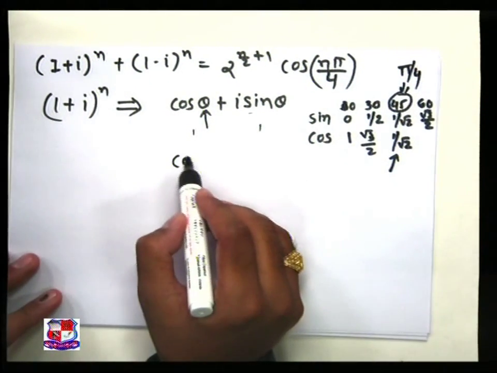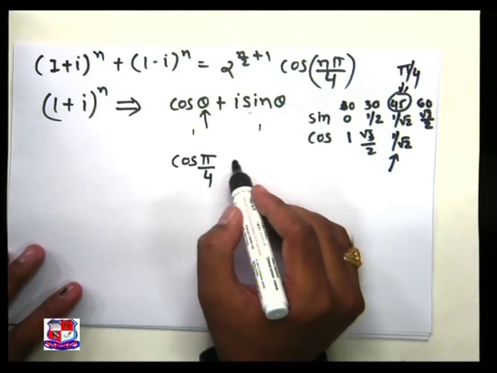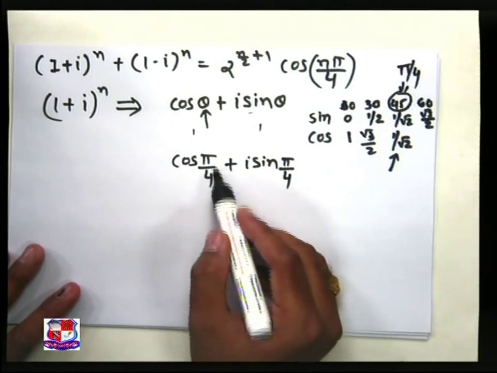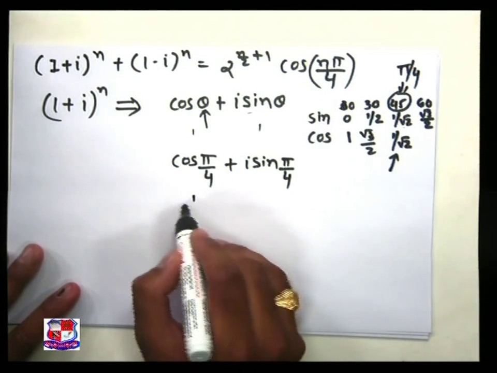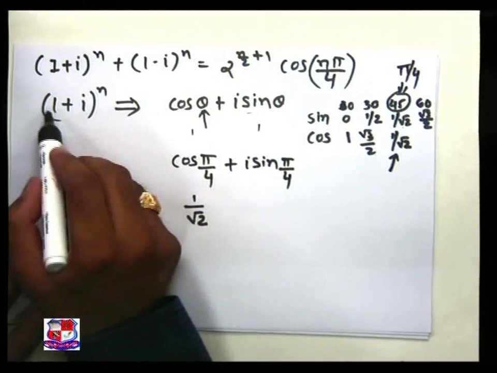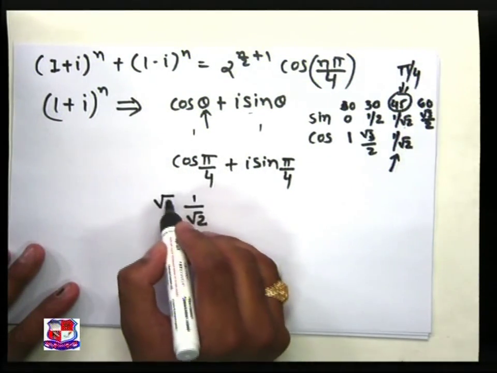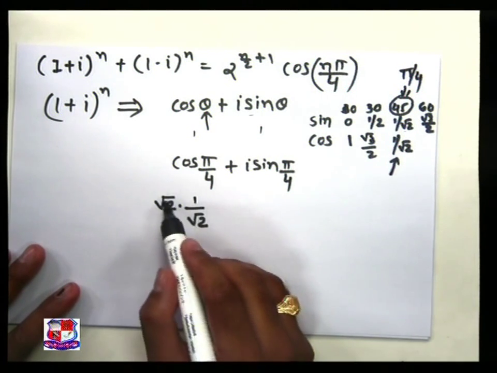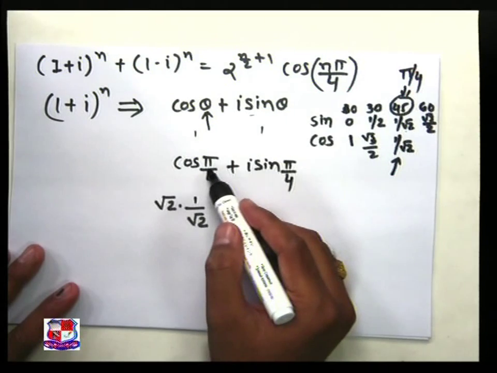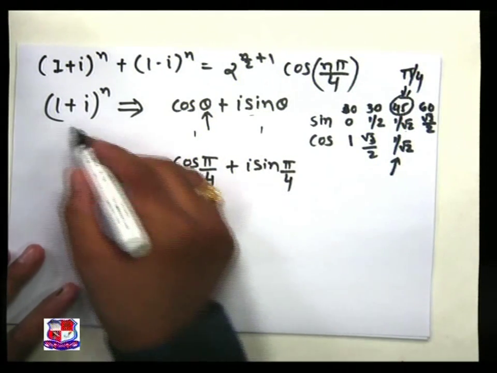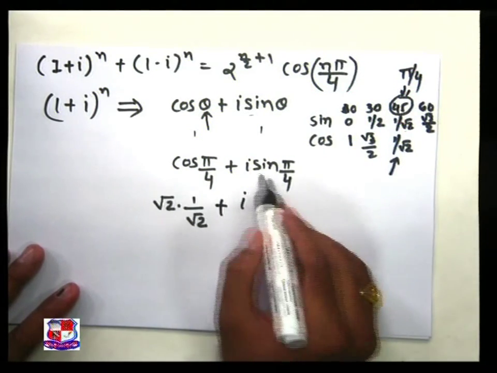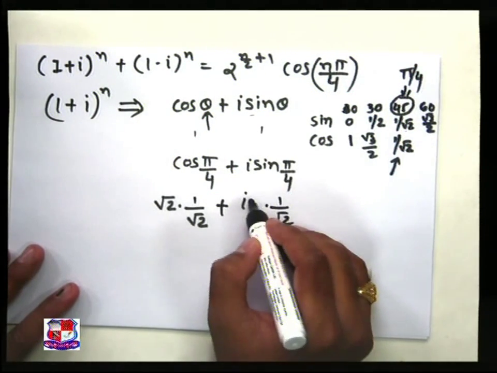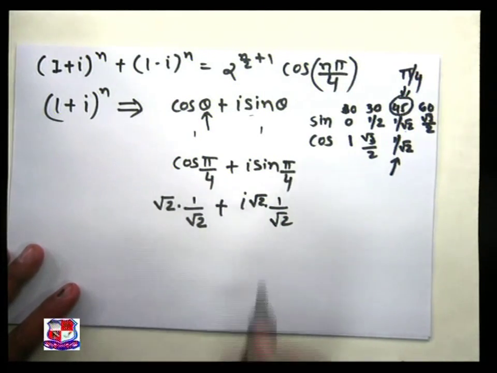So if we write cos π/4 plus i sin π/4, then cos π/4 is 1/√2, but we want only 1, so we multiply and divide by √2. Then √2 times 1/√2 is cos π/4, that is 1. Sin π/4 is again 1/√2, same case, we multiply with √2.